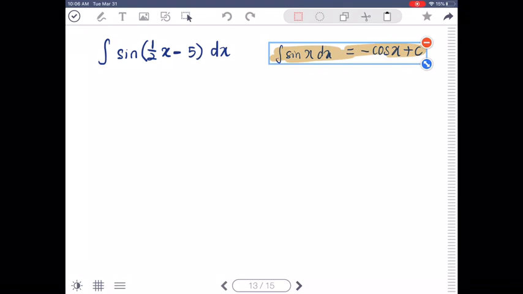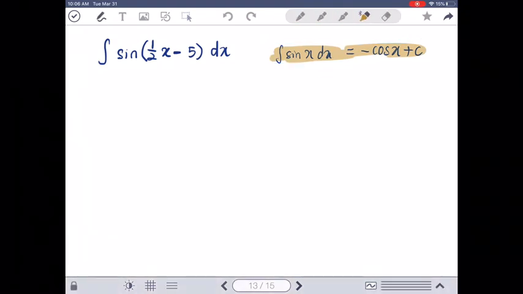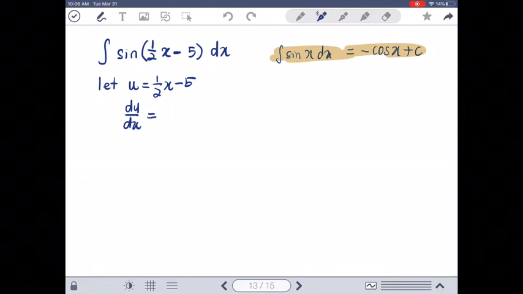So this is the formula that we are going to use. First step here, just let u equal 1 over 2x minus 5. And we have du over dx equal to, just differentiate this, we get 1 over 2.